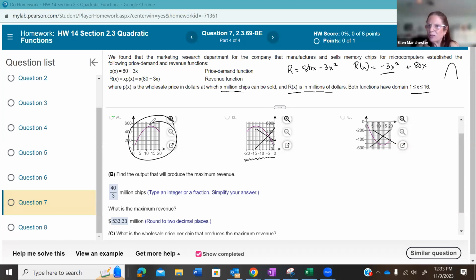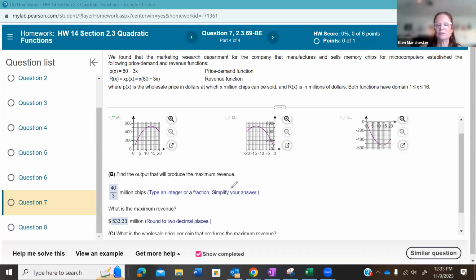You know you're dealing with a maximum. You know you're dealing with a parabola that opens down. So that knocks out C. You also know with revenue, you can't have negative values. So that knocks out B. So the only answer is A. So sometimes if you just think logically through, it'll make more sense.